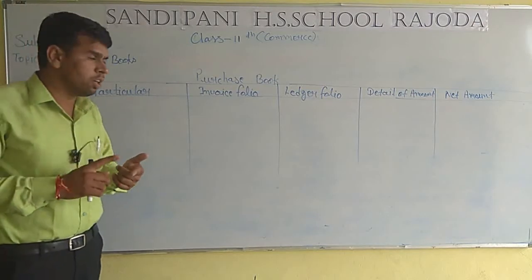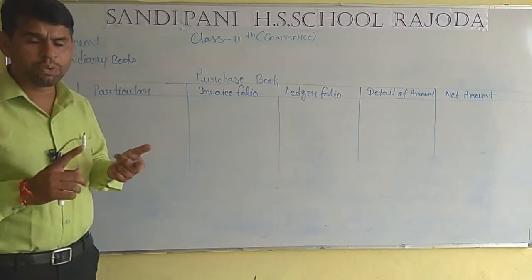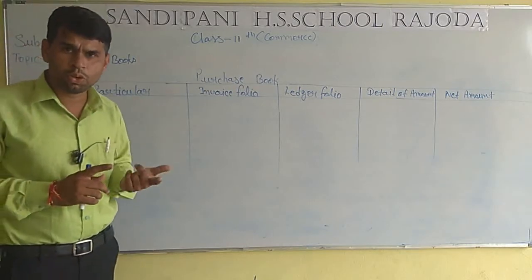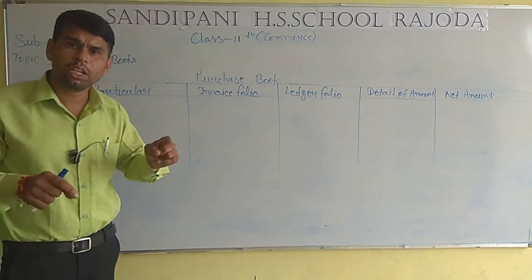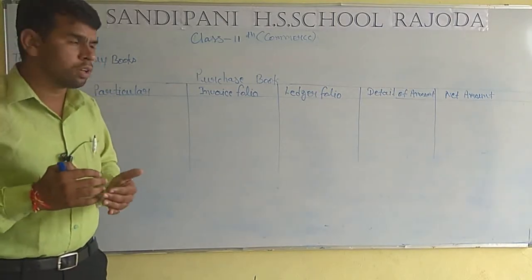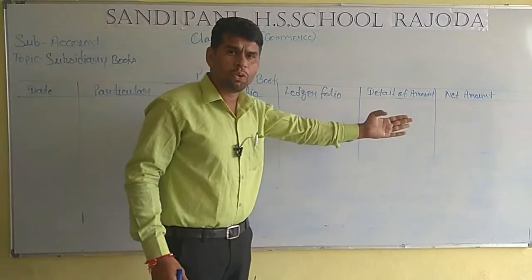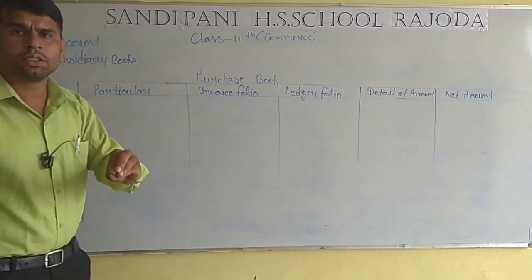In the question we will be given the invoice price of goods, then we have to deduct trade discount from the invoice price. After deducting trade discount you have to write the net amount.